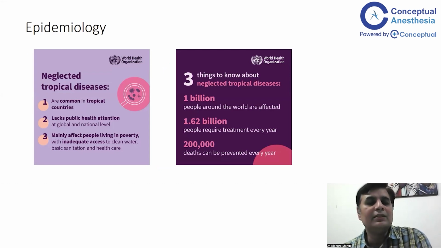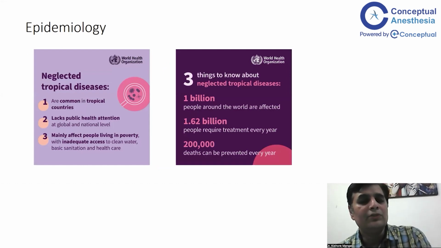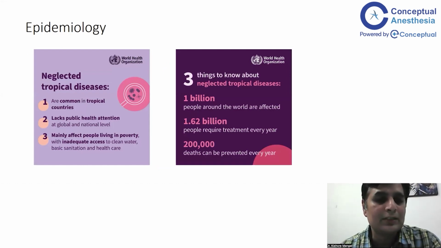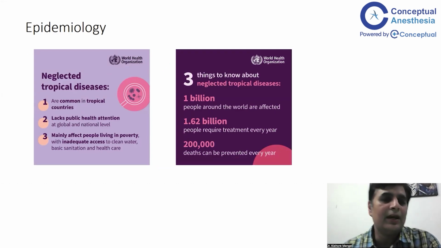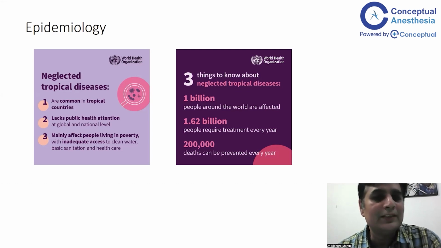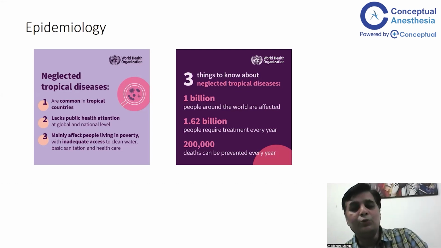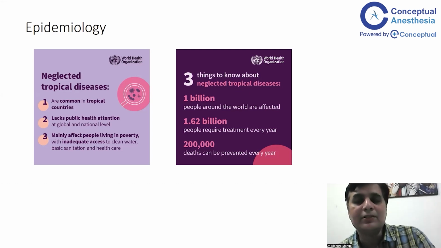We see that these infections are very rare in European countries, Australia, Japan, China, and the US, and that is why not a lot of research is happening and not a lot of vaccines are available. 1.2 billion people require treatment, and 2 lakh deaths can be prevented every year by simple preventive measures and simple treatment of infections.